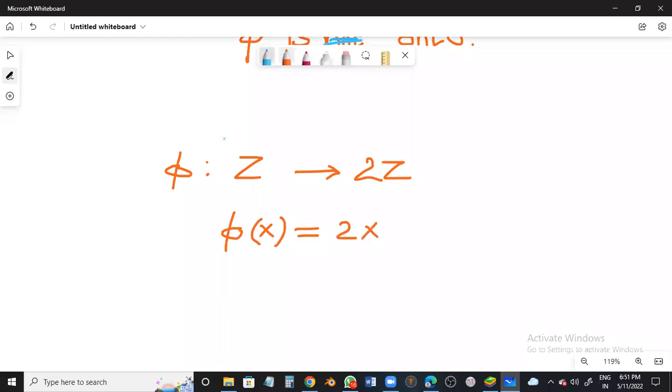Your input is from the domain, so input will be from the domain and output goes to the codomain. So output is always an even integer. Your codomain is the set of even integers. So whatever number you choose out of this codomain will be itself even. Followed my point?